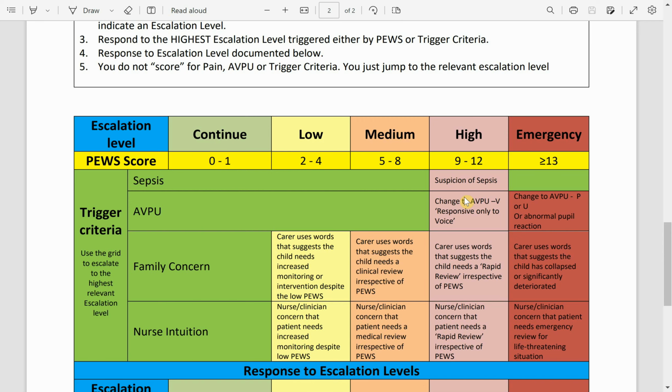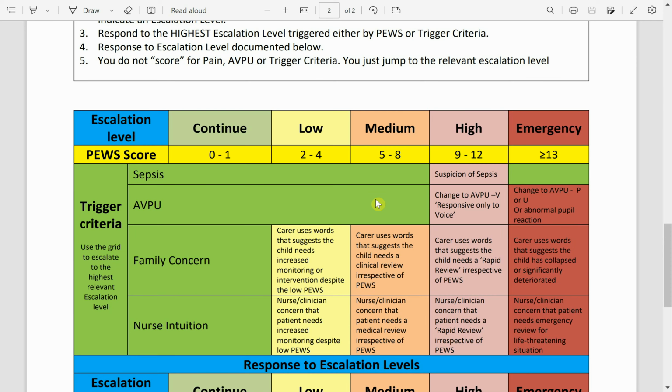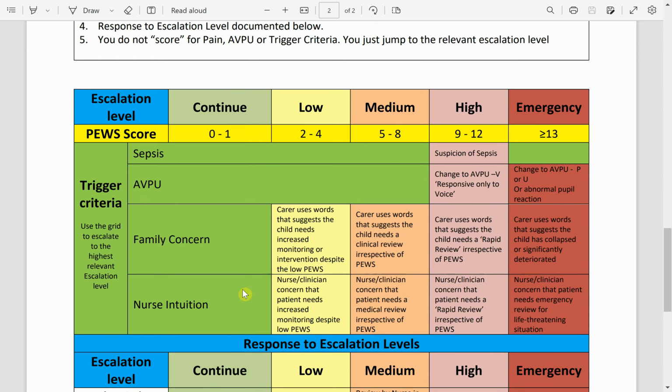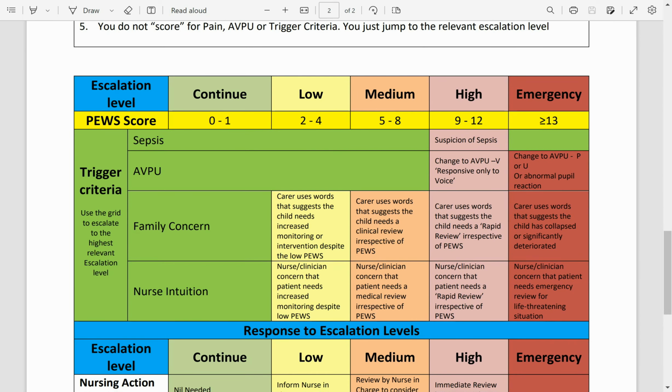So the PEWS score is very important, but our trigger criteria will override anything that our patient scores to help us identify that they are extremely sick and need immediate help.